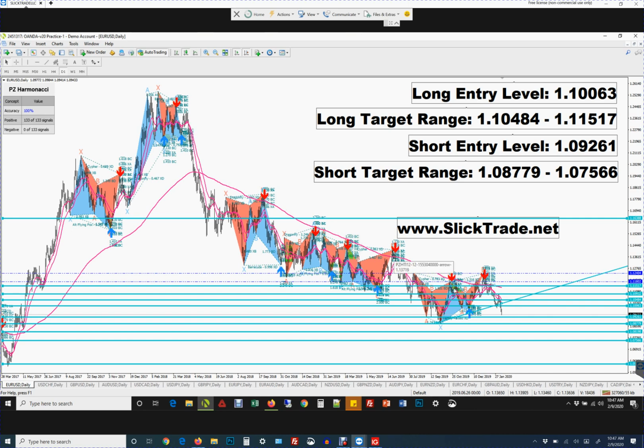Lower highs, lower lows, lower highs, lower lows until we get here, okay? So if price breaks above our long entry level of 1.10063, we could easily see it go up to this long target range, 1.10484 to 1.11517, okay?